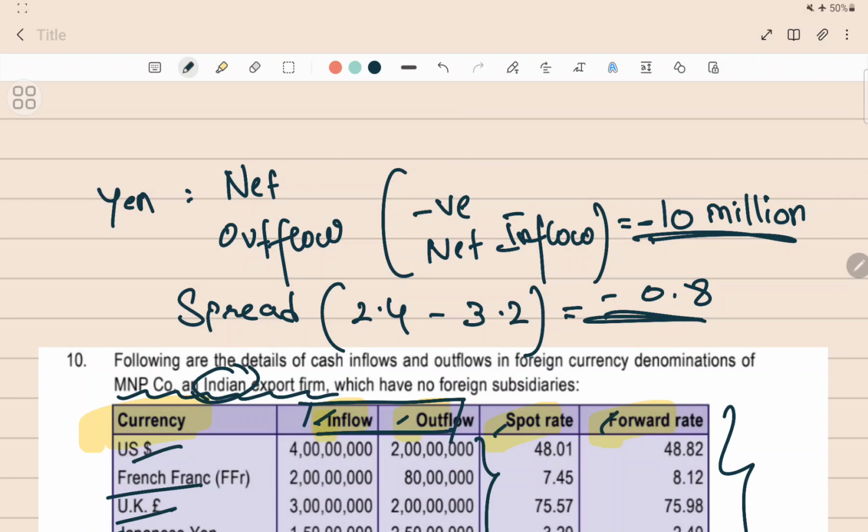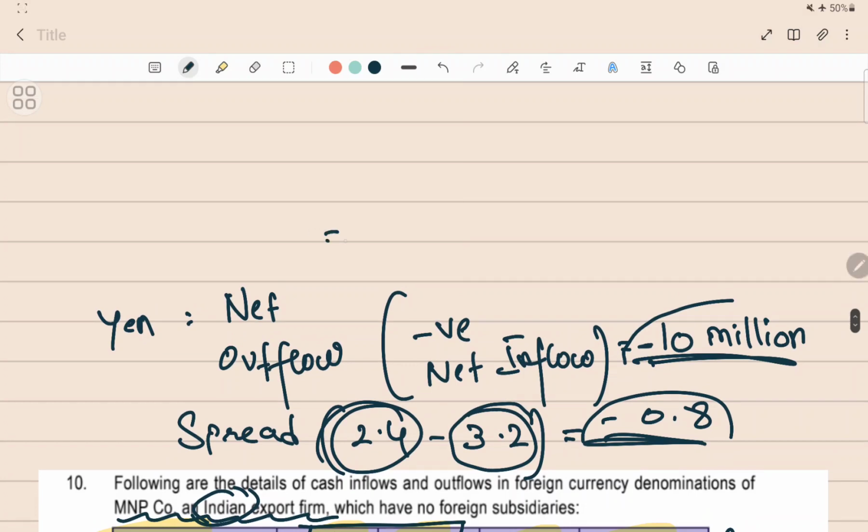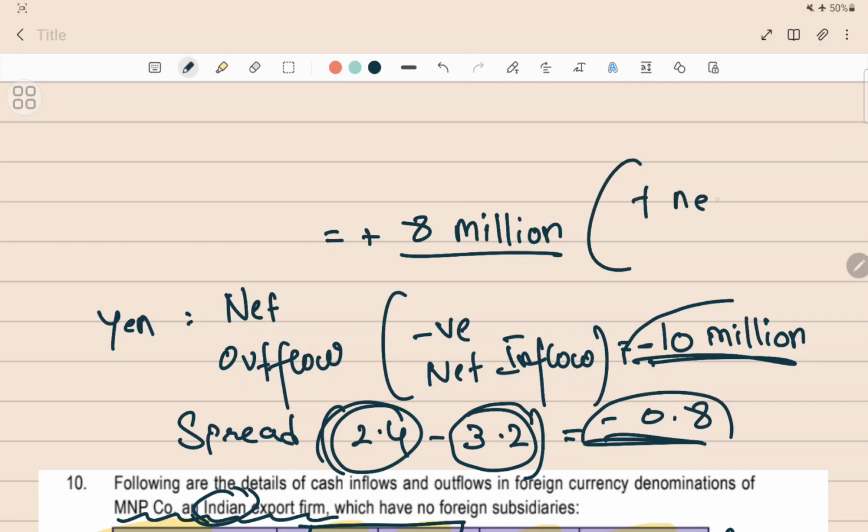Negative inflow means outflow, but I have to pay less. Initially I had to pay 3.2 while recording the transaction, but now the actual forward payment is only 2.4. Logically, negative multiplied by negative is positive, so this comes to 10 million into 0.8, which is 8 million. This is a positive net exposure, so this is your answer for Japanese yen.